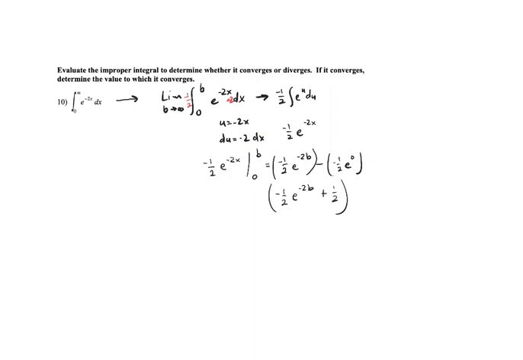Okay, and then we are evaluating that as a limit as b approaches infinity. I'm going to rewrite this as the limit as b approaches infinity, and then move the e to the negative 2b down to the denominator. So it's e to the positive 2b.